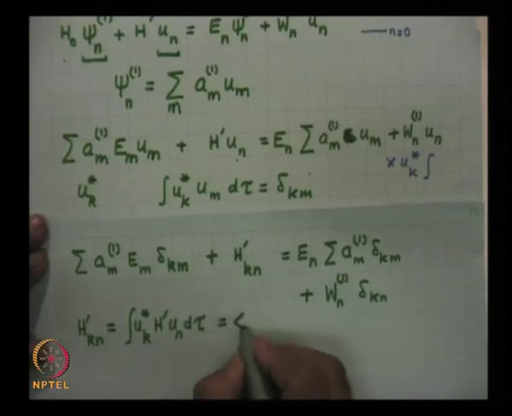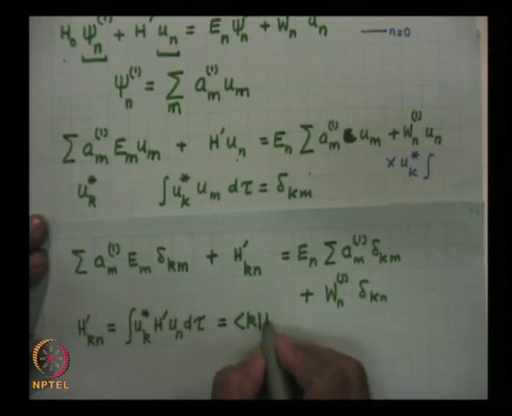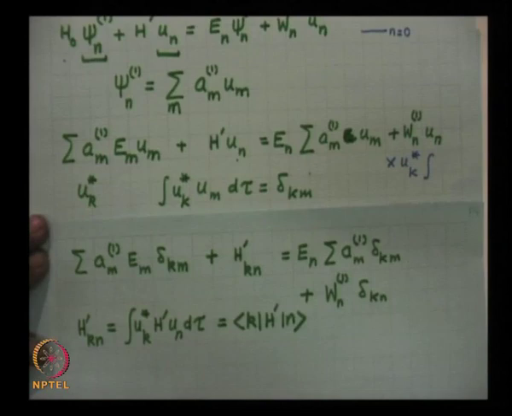Symbolically, it is more convenient to write this as bra k H prime ket n. This is the k nth matrix element of this.